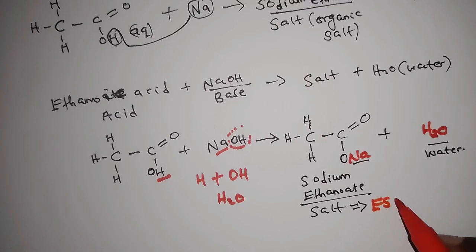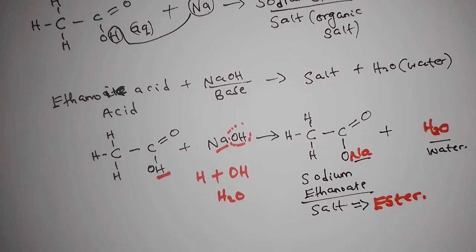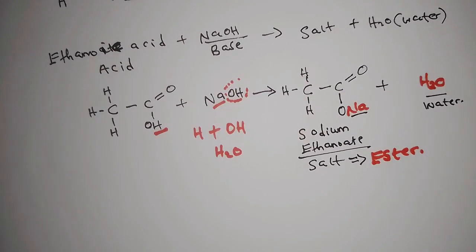It's called an ester. So we see in a more practical sense what that means. Just keep watching, and let's move on to the last part, where we are going to look at this organic acid reacting with organic alcohol.